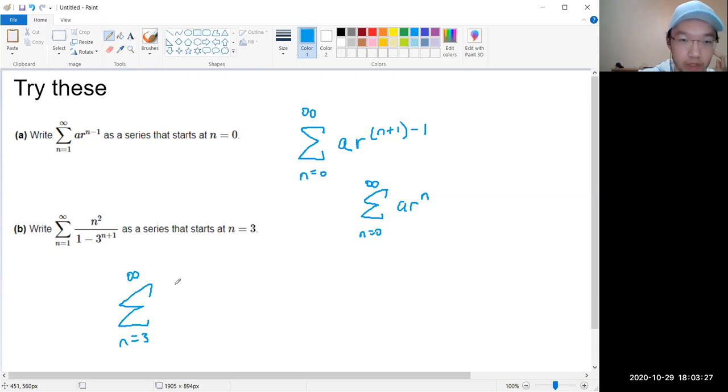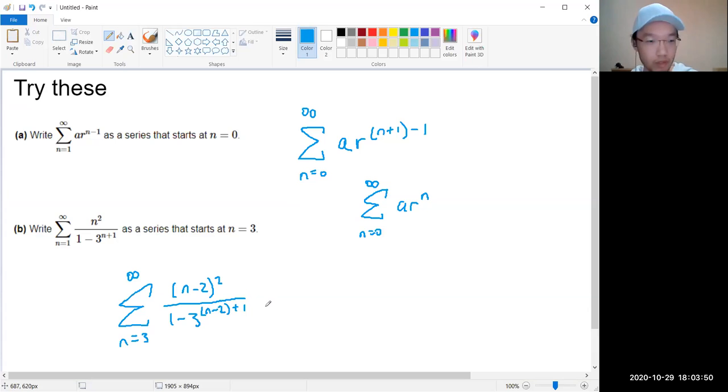So this would be n minus 2 squared over 1 minus 3 to the power of n minus 2 plus 1. Okay, so did everyone get that? Yep. Okay, good.